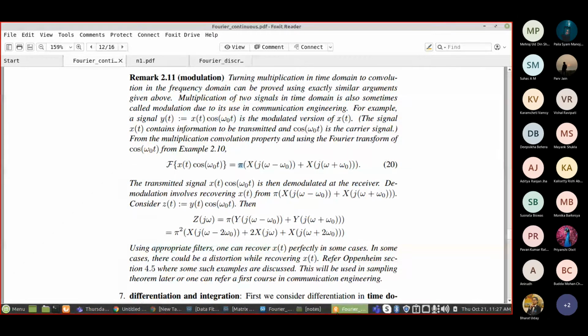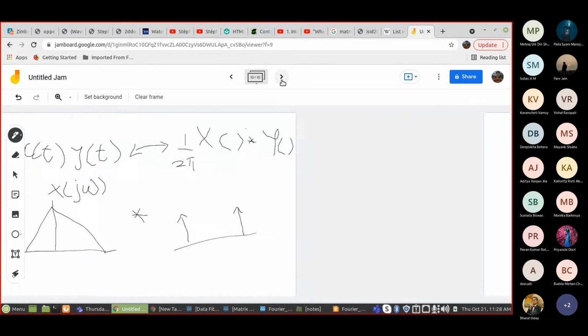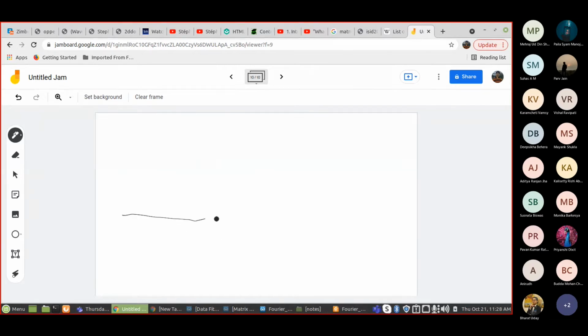So when you convolve this with these two impulses, what we get is, and there is a half factor.